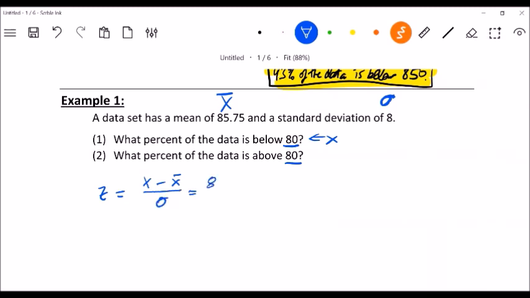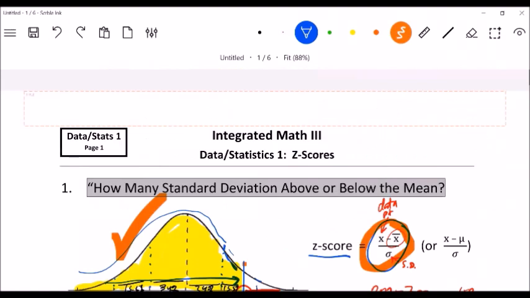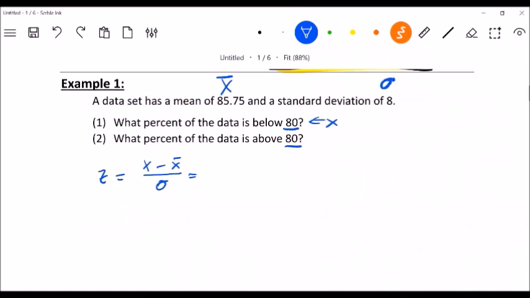So it's 80 minus 85.75 divided by the standard deviation of 8. Put that into the calculator, and you get that it's equal to negative 0.71875.